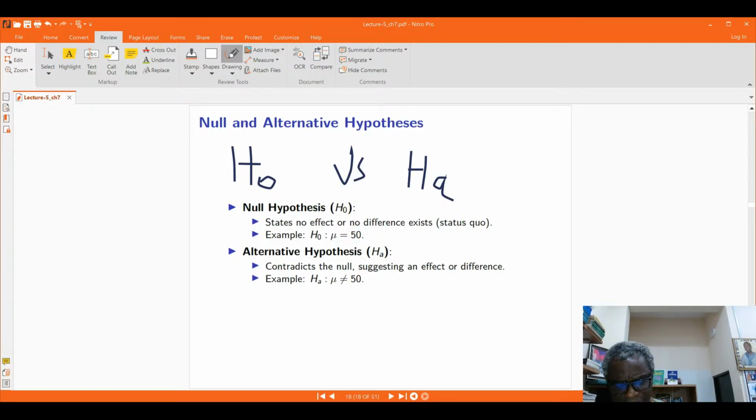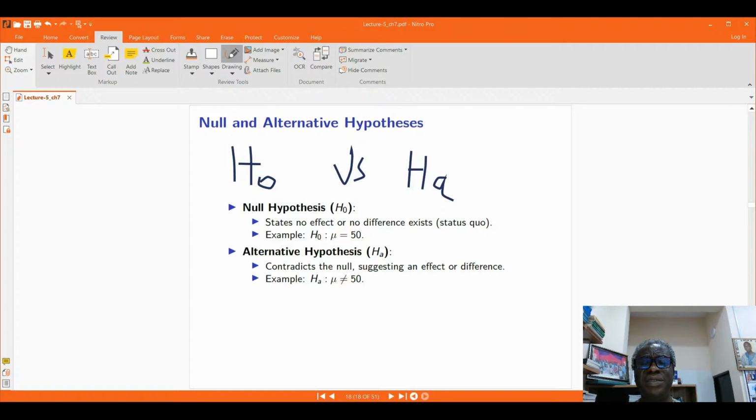So the null hypothesis, what does it connote? What does it mean? That is the hypothesis that assumes no effect or no difference. It simply represents the status quo.